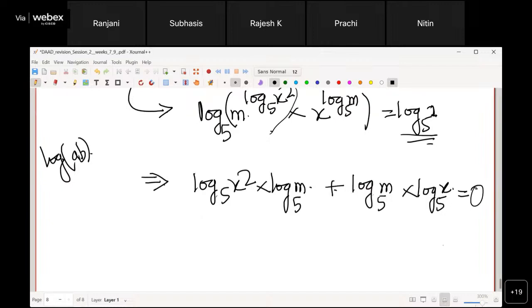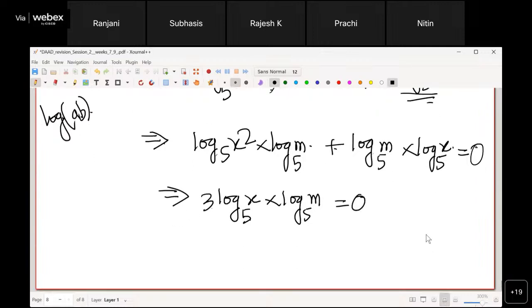So this is 2 log 5 x times log 5 m, and this is basically the same thing. So this will be 3 times, equal to 0, right?